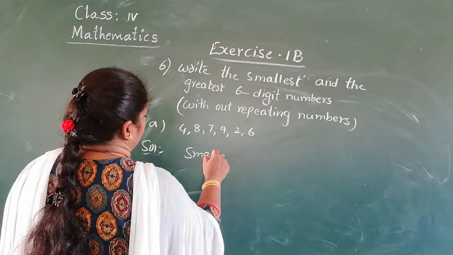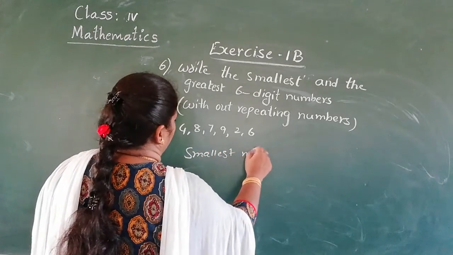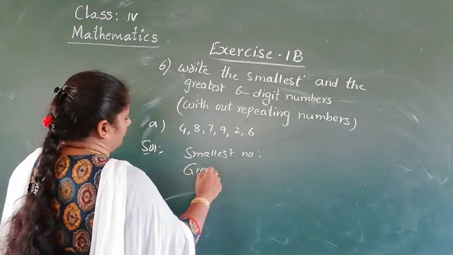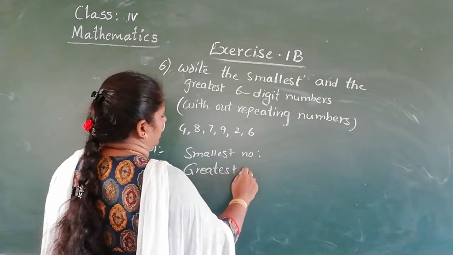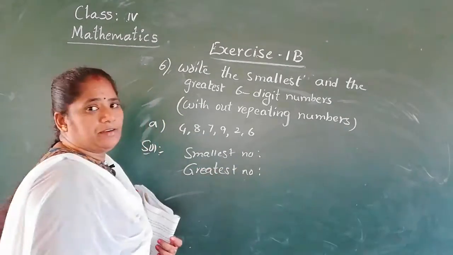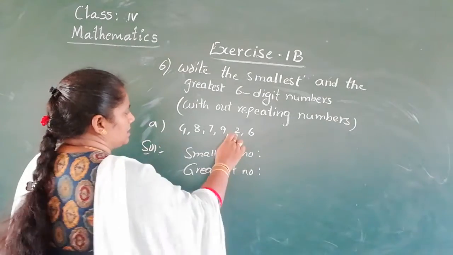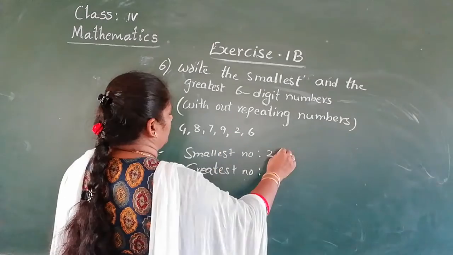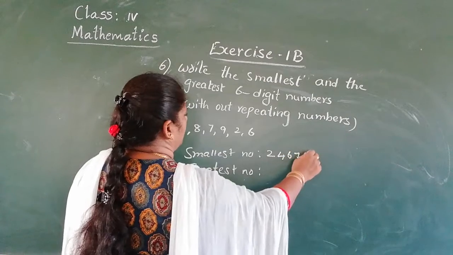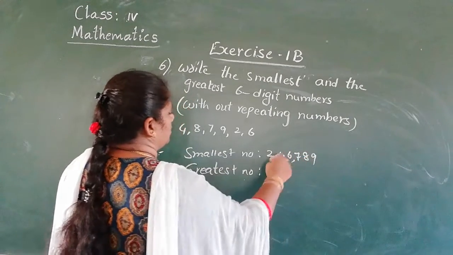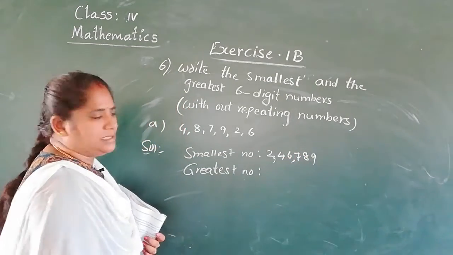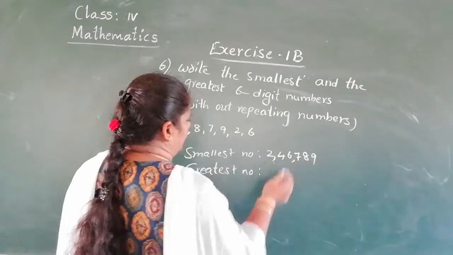Smallest number, greatest number. So if the numbers are written in increasing order, then you can get the smallest number. First small 2, next 4, 6, 7, 8, 9. So it is 2,46,789.